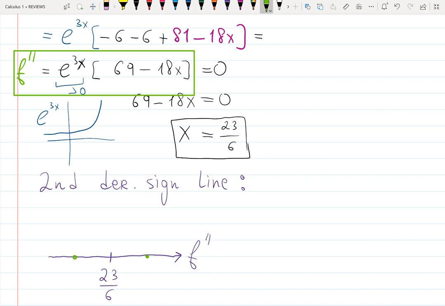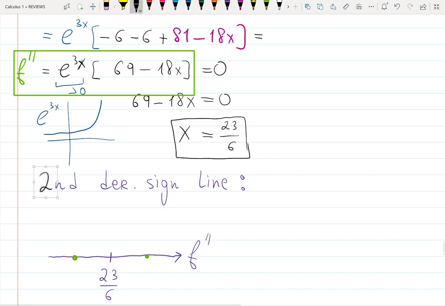Basically, 23 over 6 divided the whole Cartesian coordinate into two intervals, minus infinity to 23 over 6, and then from 23 over 6 to plus infinity. Theorem tells us that only one test point is enough to check if my function is concave up or concave down on the whole interval. And I'll be doing that.